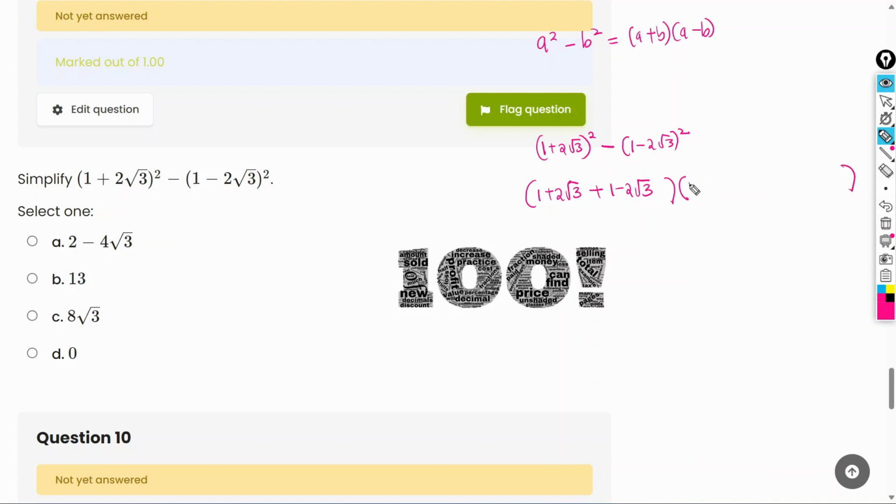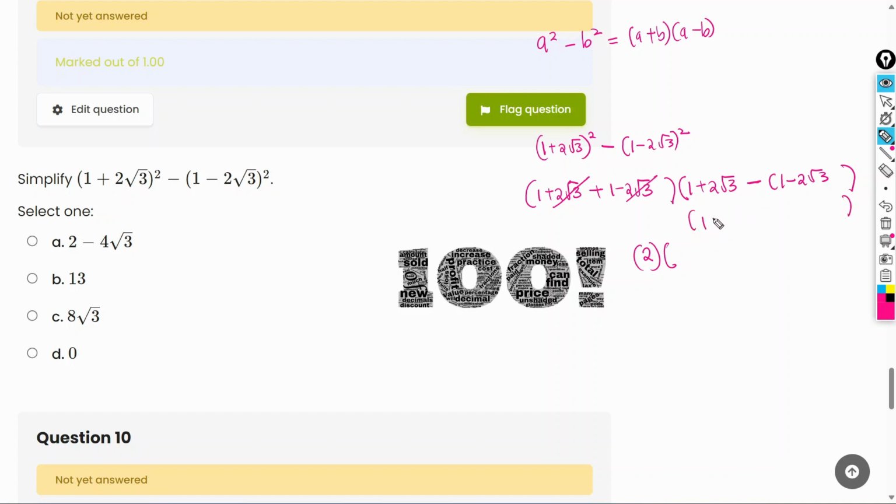So let me put a minus b. This will be 1 plus 2 root 3, then minus what? 1 minus 2 root 3. Alright, so what do I have here? In this one, 2 root 3 will cancel out minus 2 root 3, so I'll be left with just 2 from the first bracket. And then from the second bracket, let me simplify it quickly.